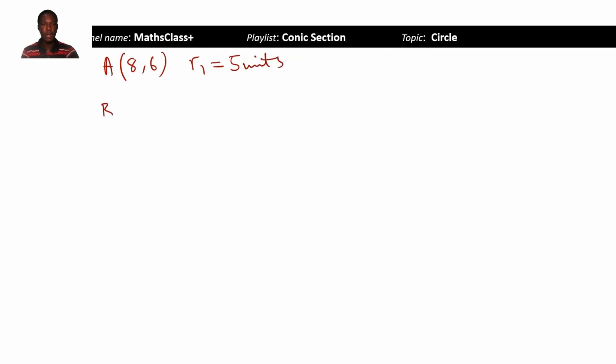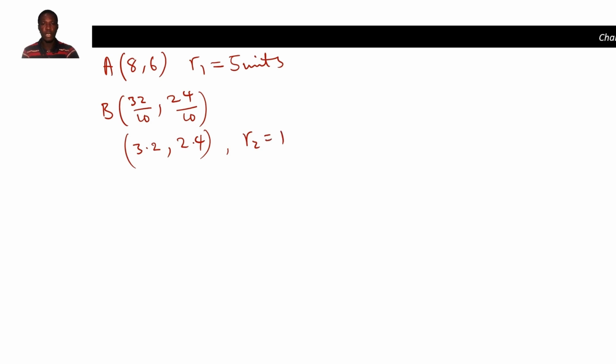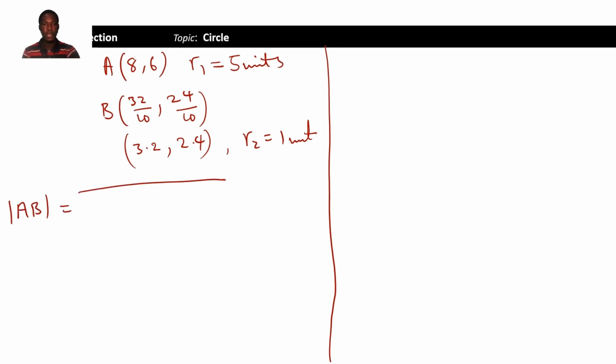Then we have the center of the second circle, which was 32 over 10 and 24 over 10, which we can rewrite as 3.2 and 2.4. And the radius R2 was equal to 1 unit.